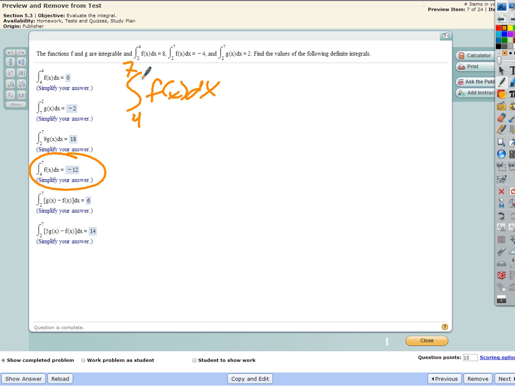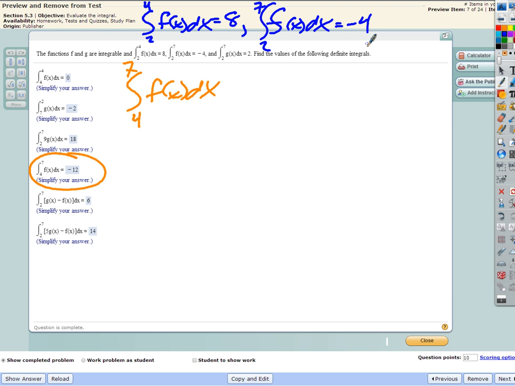What we're given up here is that the integral of f of x dx from 2 to 4 equals 8, and the integral of f of x dx from 2 to 7 equals -4.